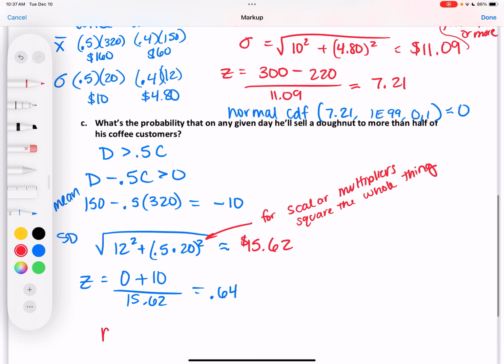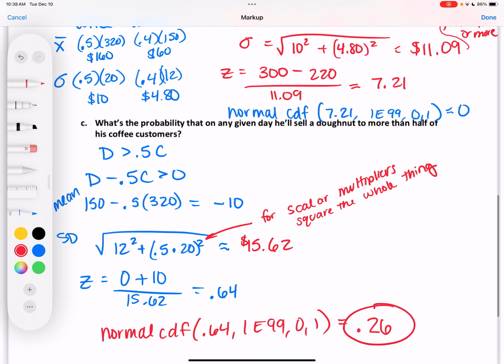So then we'll have normalcdf of 0.64, 2099, and then 0 and 1, which gives us 0.26. So essentially there's a 26% chance that he will sell a donut to more than half the coffee customers in a day. So this is the probability that we were looking for.